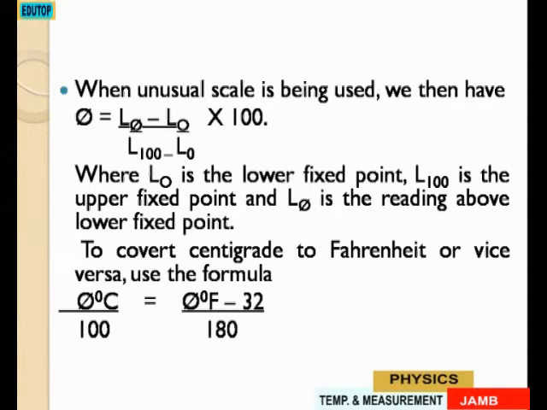Look at this formula. We have theta, degrees Celsius, divided by 100, all equal to theta, which is Fahrenheit, then minus 32, all divided by 180. This formula is very important.